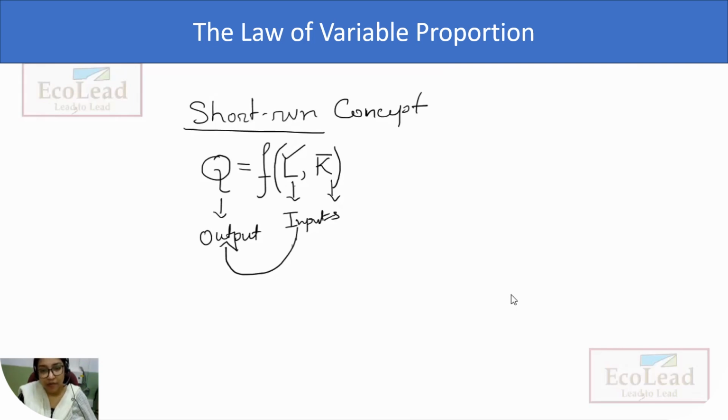So the variable input, which is L, how it is affecting the output when we have considered some of the inputs as fixed. Here which input we have considered as fixed? Here the capital we have considered as fixed. So let us see the law of variable proportion.